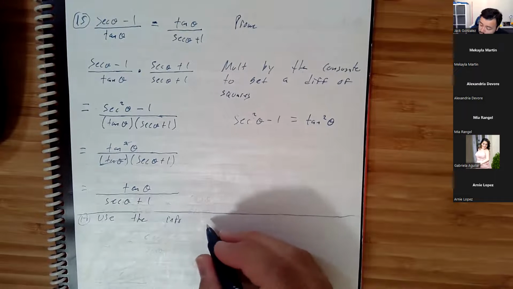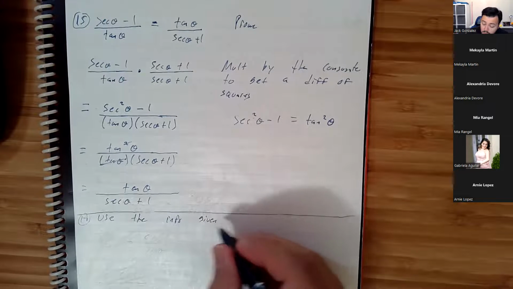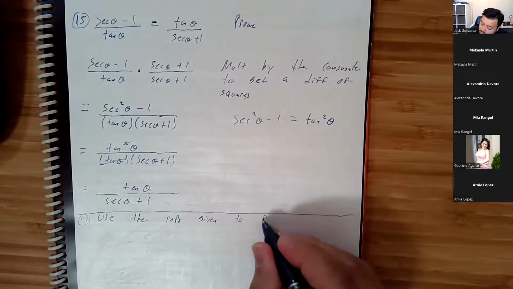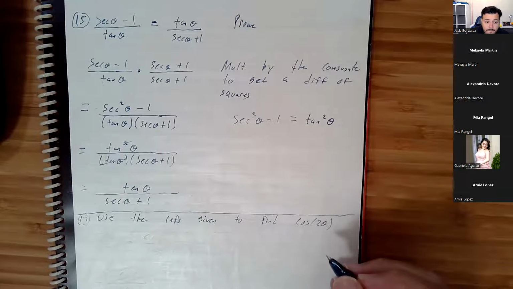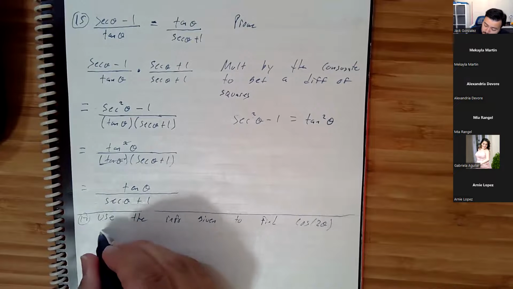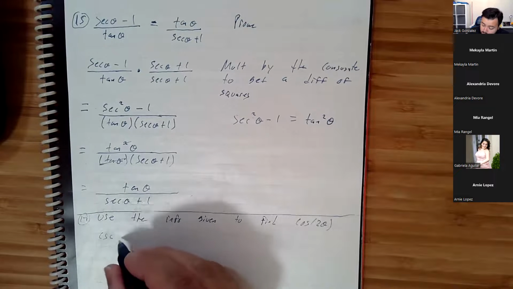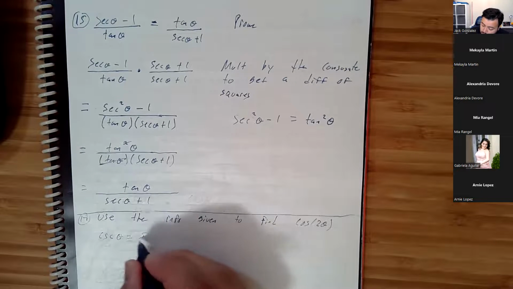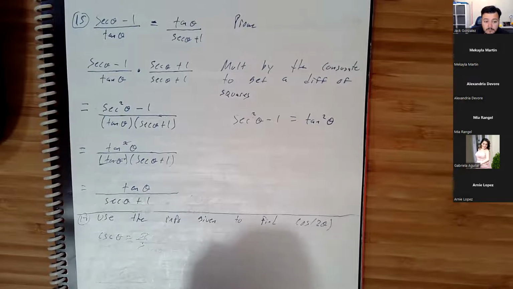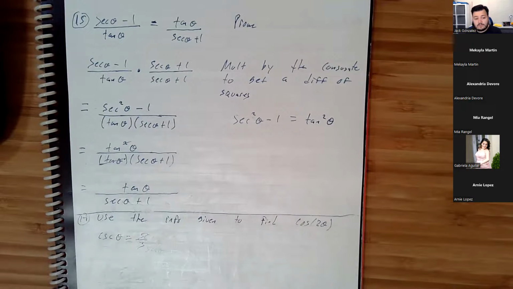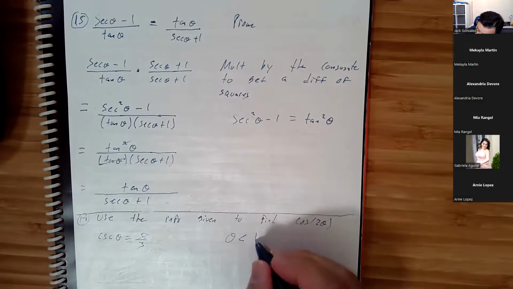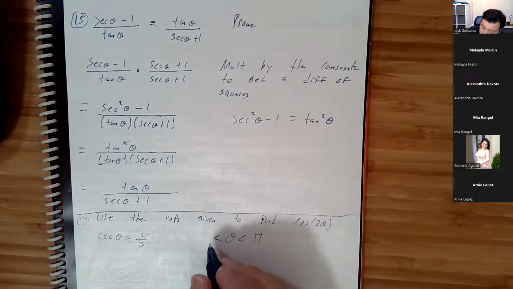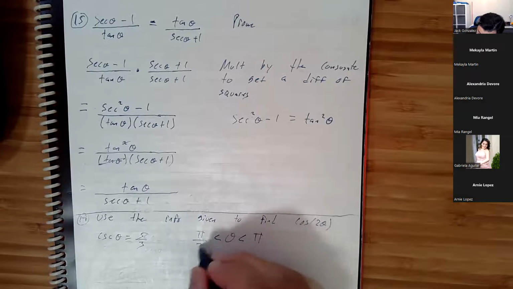Use the info given to find cosine 2 theta. So they give us this information. Cosecant is equal to 5/3, and they tell us that theta is between pi over 2 and pi. So we need to know which quadrant that is.